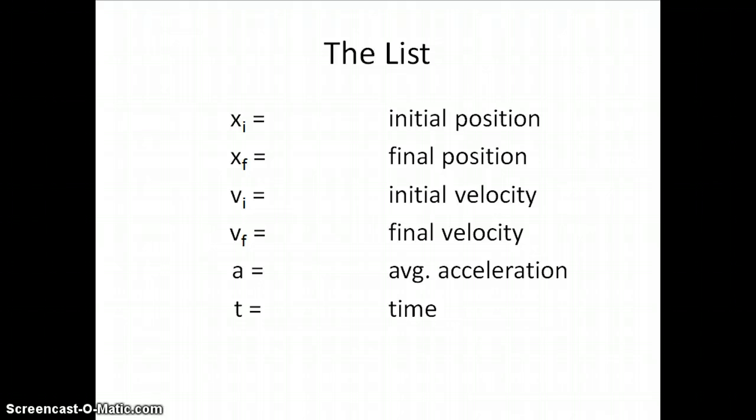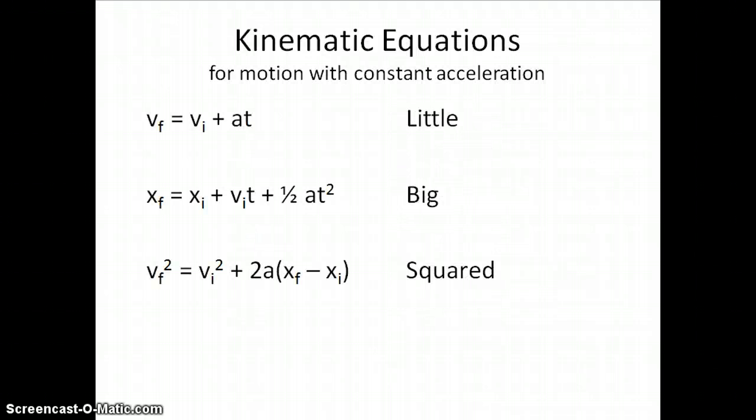These are going to be your tools, the kinematic equations for motion with constant acceleration. Here we have our first equation, and it's what I call the little equation. If you look at it closely, it might look familiar. This is the equation for acceleration.